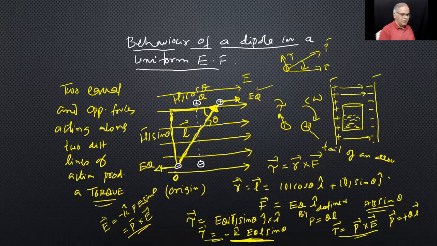I followed a mathematical approach so that you'll follow it easily. I did not go for force into perpendicular distance like that. I just went by IJK and showed you that torque is into the plane. For torque to be into the plane, I should define P from minus to plus. So P cross E will be into the plane only. K is into the plane.